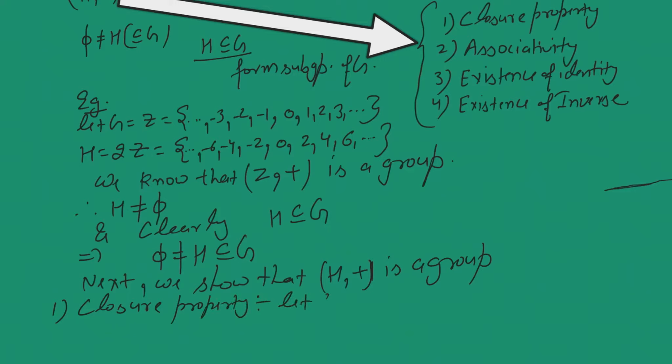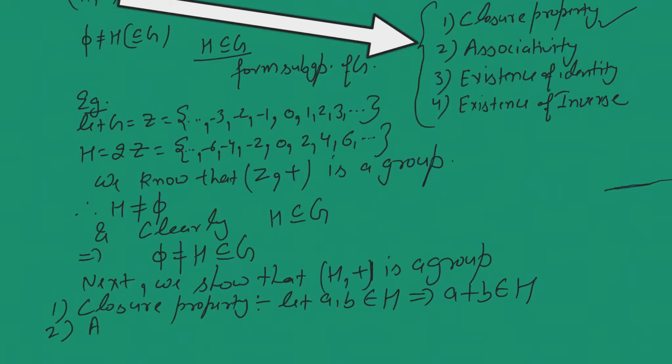Let a and b be two elements of H, and elements of H are of the form even integers, and we know that the sum of two even integers is again an even integer, so this implies that a plus b will also be in H. Therefore closure property is satisfied.